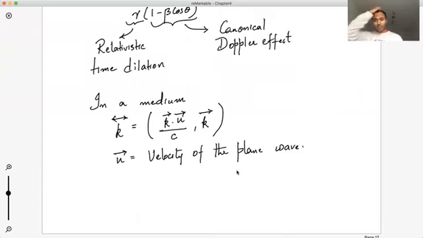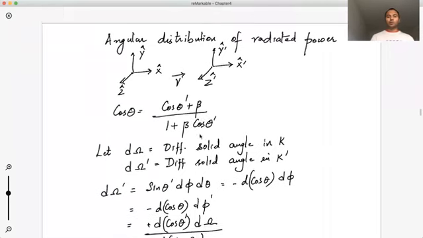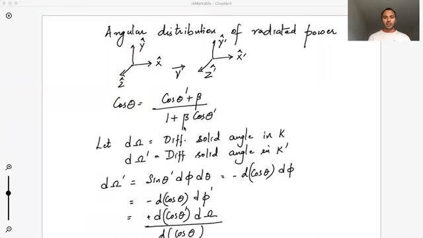So if that is not c, then just be aware that you have to use the right form. Otherwise, you end up getting strange results that don't make any sense. Anyhow, so the last thing I want to talk about is angular distribution of power, and then we'll also talk about using the dipole radiation pattern and then seeing how that transforms between frames.